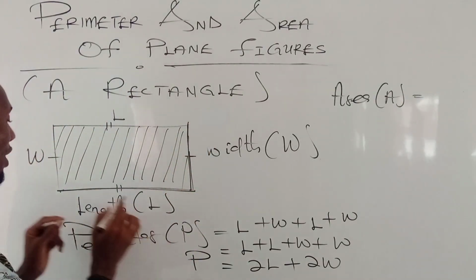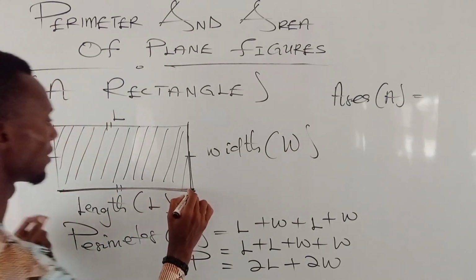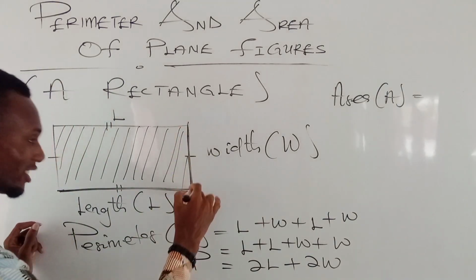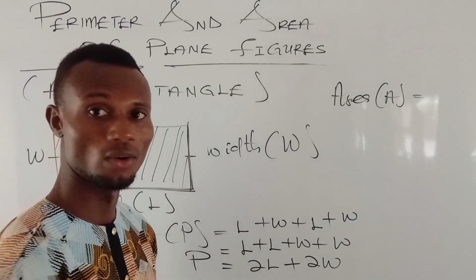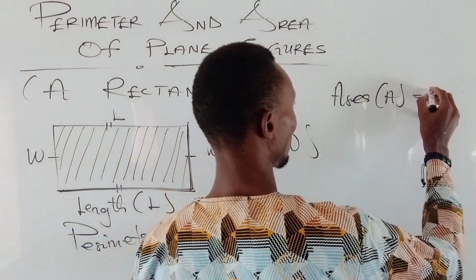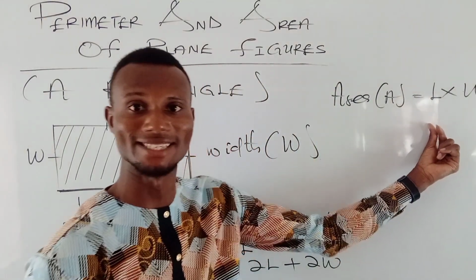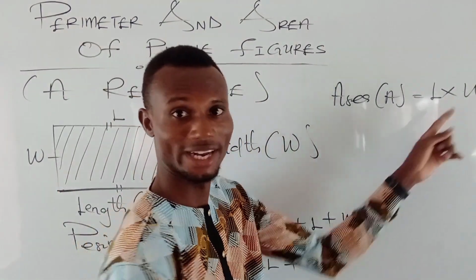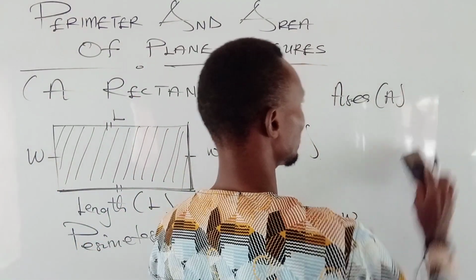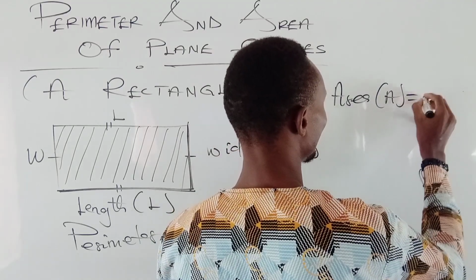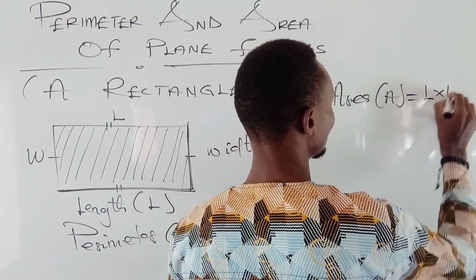When you multiply the length of a rectangle by its width, you get the area. So my area equals L times W, where L is the length. I can see it's not clear from here, so let me clean it and write it well. My area equals L times W.